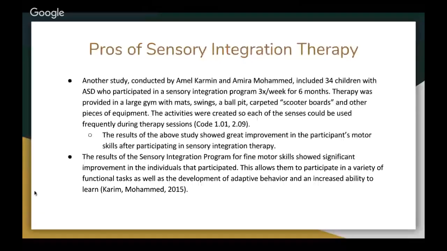Yes. Okay. Another study was conducted by Amel Carmen and his colleague, and this study included 34 children with autism who participated in a sensory integration program 3 times a week for 6 months. Therapy was provided in large gym settings with mats, swings, a ball pit, carpeted scooter boards, and other pieces of equipment.